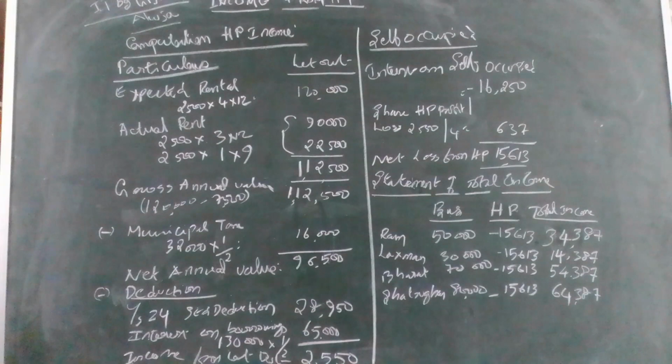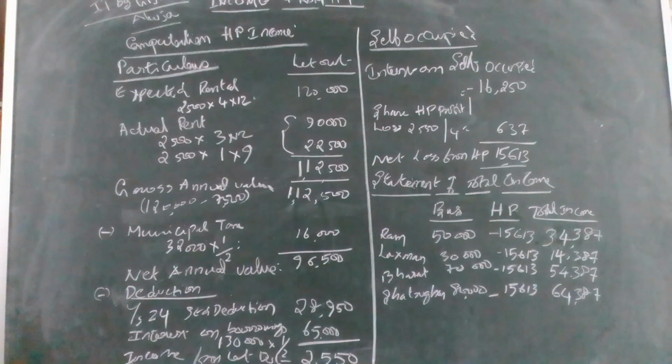Then another one, a self-occupied property we have to take. In that self-occupied property, interest on self-occupied property comes to 16,250. Then share of HP profit or loss, 2,550 divided by 4, 637.